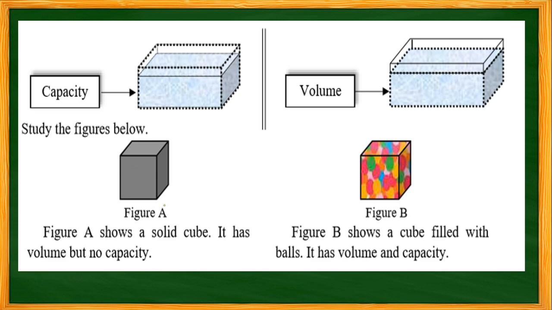So this would be figure A. This is shown as a solid cube. It has a volume but no capacity. Okay? So this would be a volume. But in figure B, this figure B shows a cube filled with water. It has a volume and a capacity.